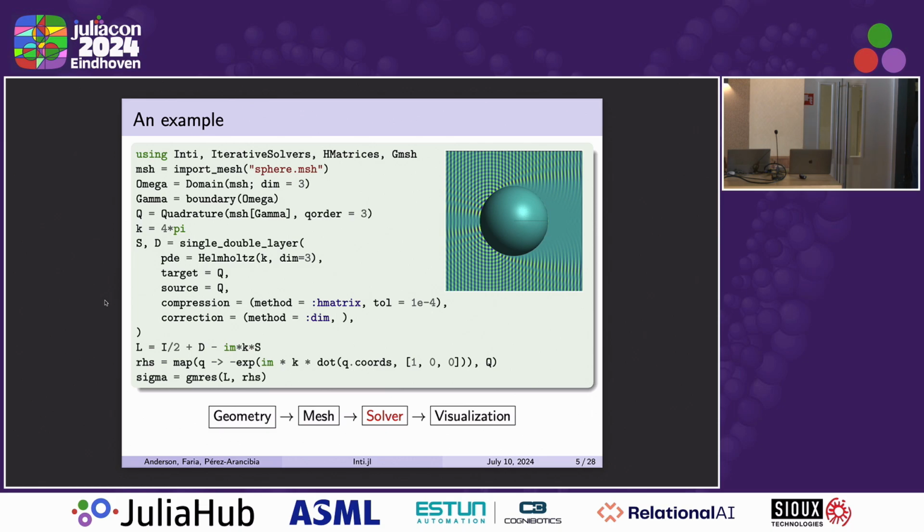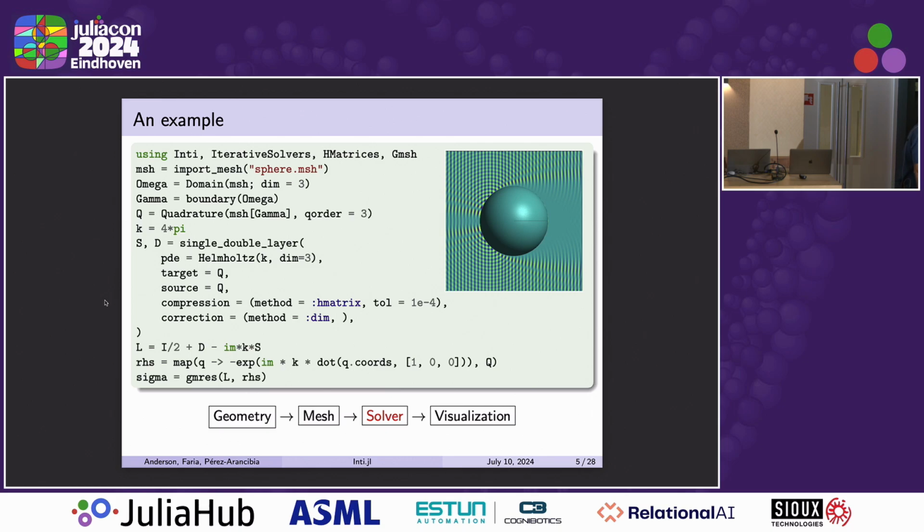So the usual stuff, you import a mesh, this is a Gmsh file, which, if you're not familiar, is just a mesher. Then you extract what is your domain, Omega, the interior of this sphere. Then you have to look at the boundary, you have to build some quadratures, and these are the main focus of the package, and I'll try to explain a little bit of the method behind it, because it may not be so clear to everyone what these single and double layer objects are.